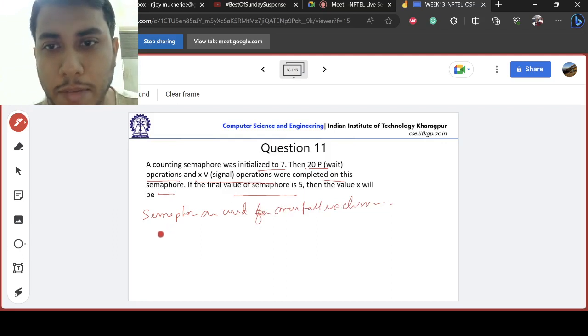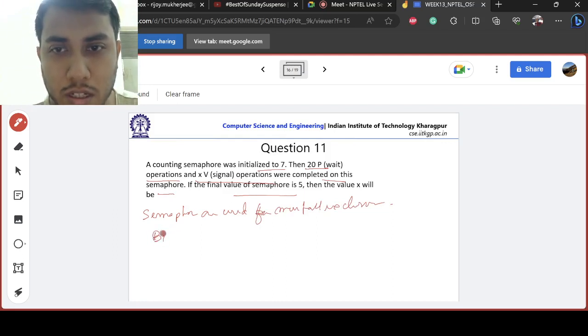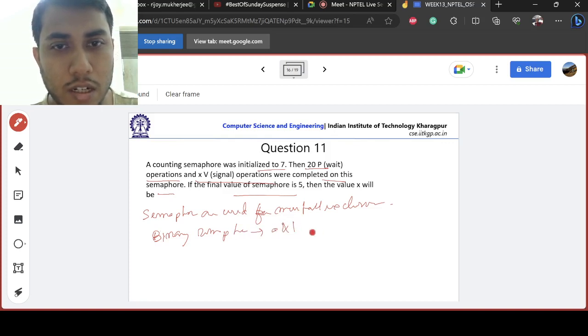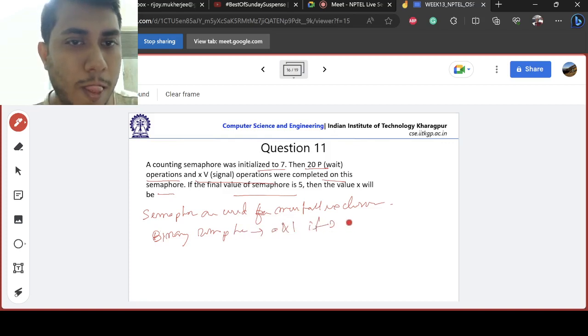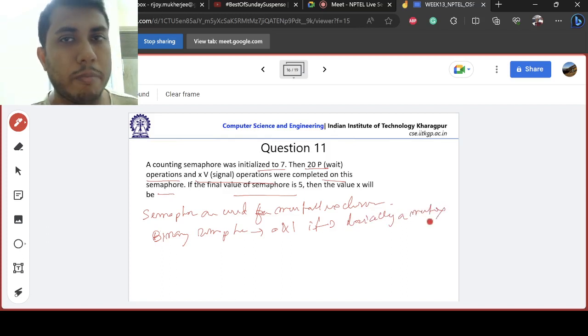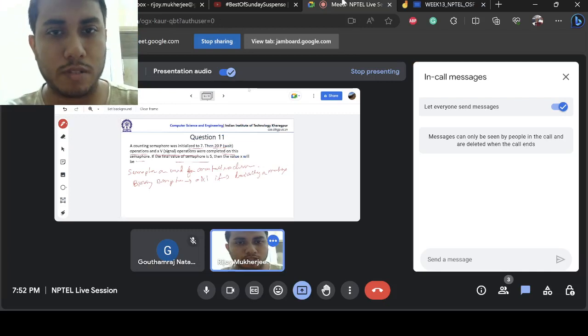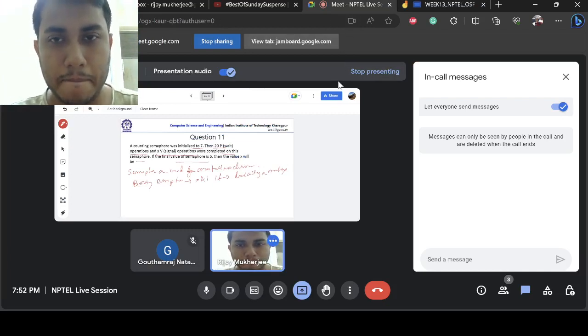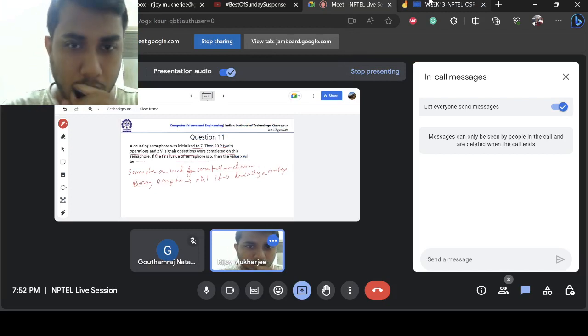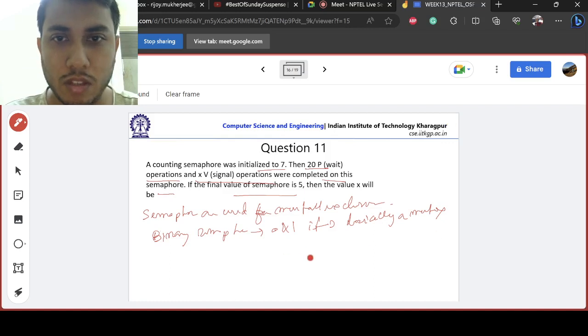So when you are using a semaphore like a binary semaphore, with value 0 or 1, it is basically a mutex lock. So why is it a mutex lock?